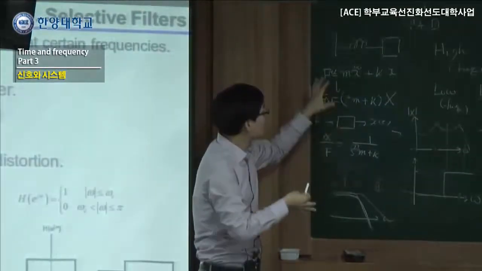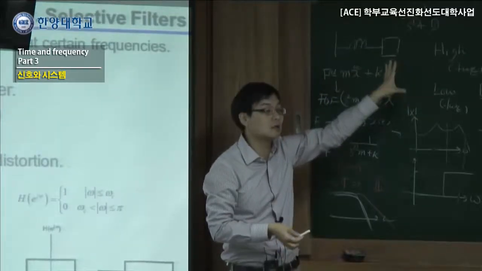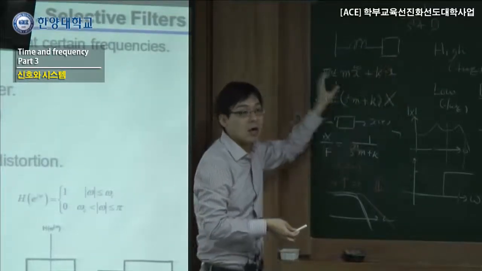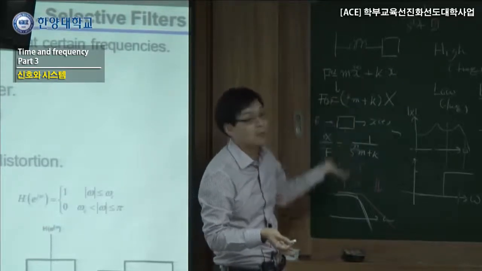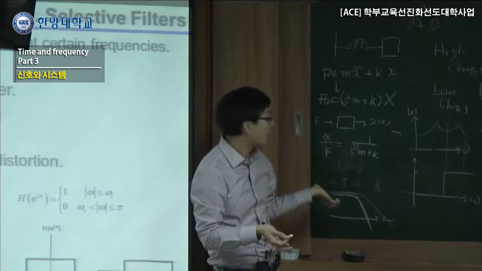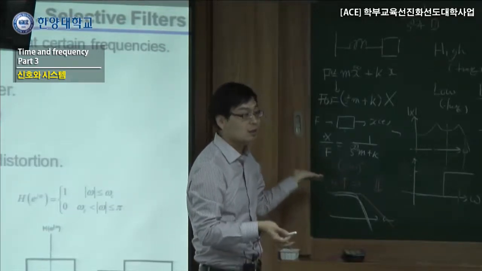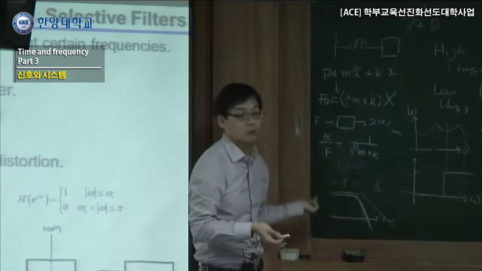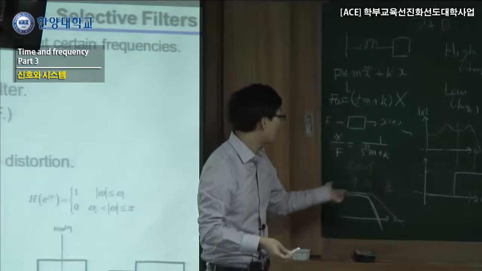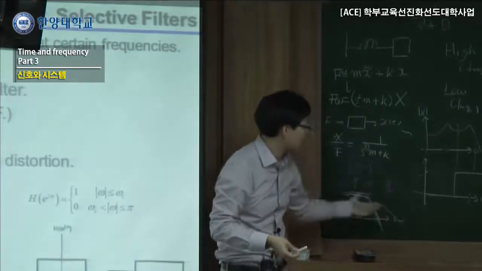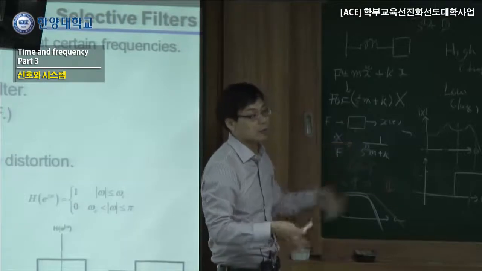So basically, mechanical systems and electrical systems are very, very similar because they stem from the same physics. However, they can make low pass, they can make high pass. However, in the case of a mechanical system, it's very difficult to make a high pass. Also, the drop ratio, I would say the speed of dropping is faster in a mechanical system. That's maybe the only difference. Other than that, they're quite similar.